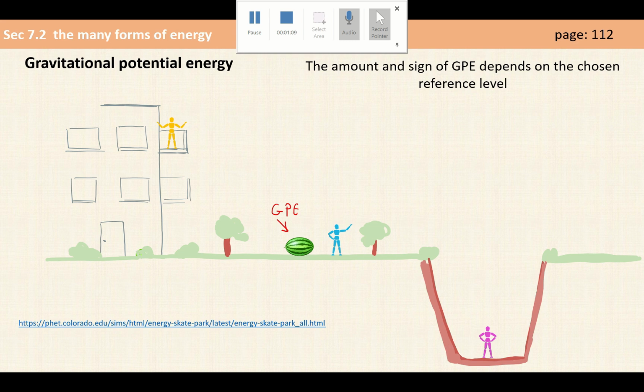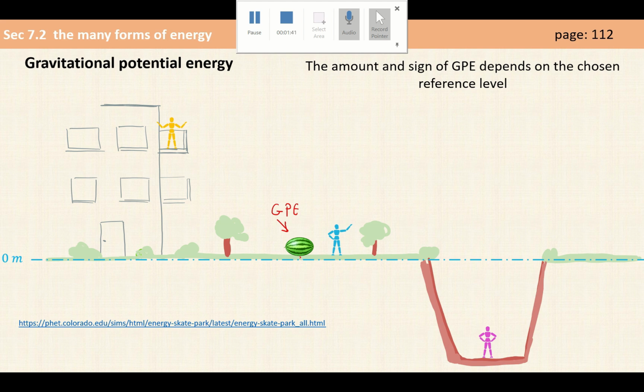So let's start with the reference level being the ground. Let's assume we chose the reference level to be the surface of the ground. So we're going to measure the distances and the heights from the surface of the ground. Now this watermelon is placed on the reference level.